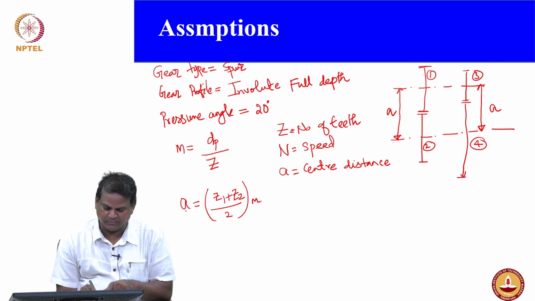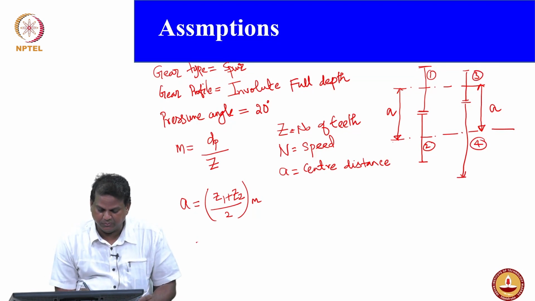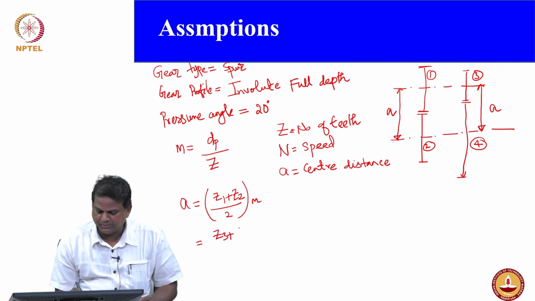Since the center distance is constant, another equation is (Z3 plus Z4) divided by 2 times m.